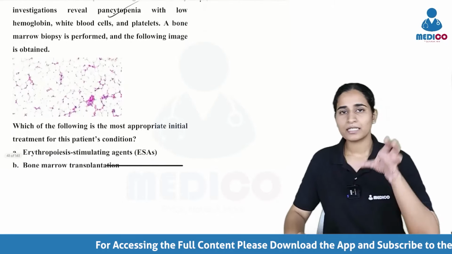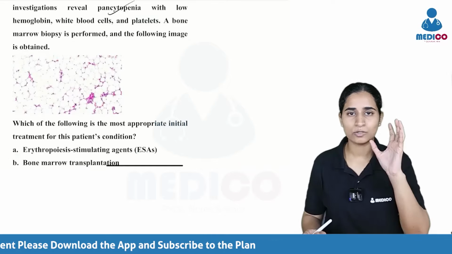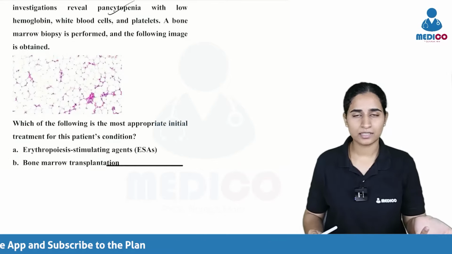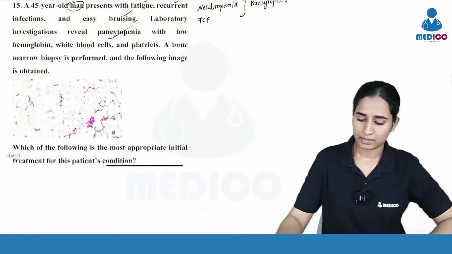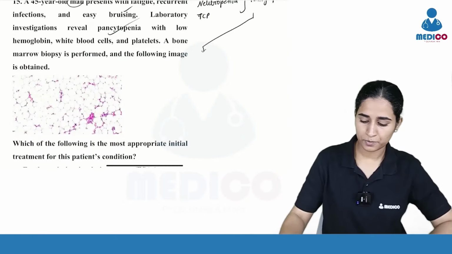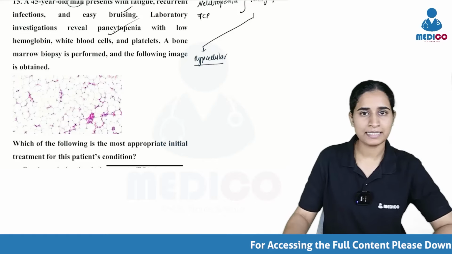So pancytopenia, there are many causes, and how are we approaching pancytopenia is we'll look at the bone marrow. Hypocellular, the differentials are different. Hypercellular bone marrow, the differentials are different. And pancytopenia with hypocellular bone marrow, the most important thing to be considered is aplastic anemia.